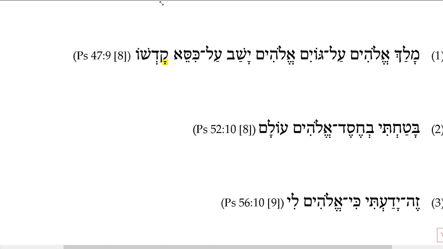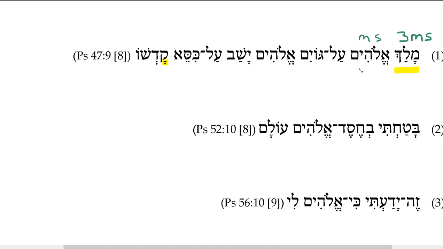So what do we have here? We have the verb malach, and that's going to be a Qal Perfect 3MS. We can take that for granted for right now. 3MS, and it matches our masculine singular subject, God.